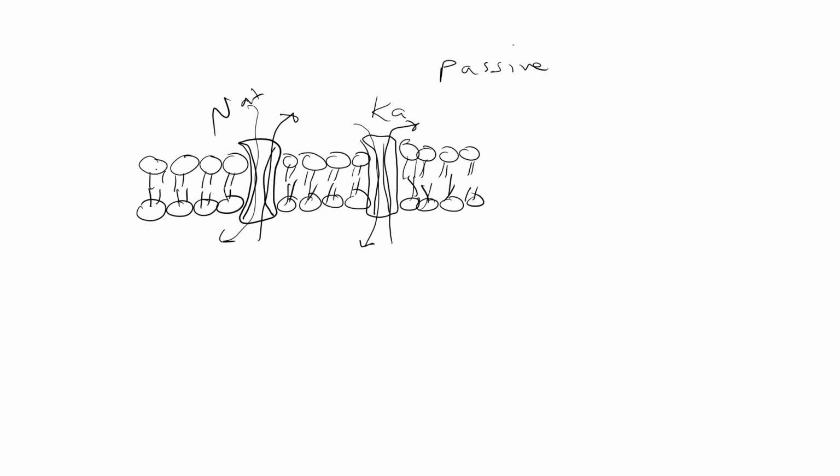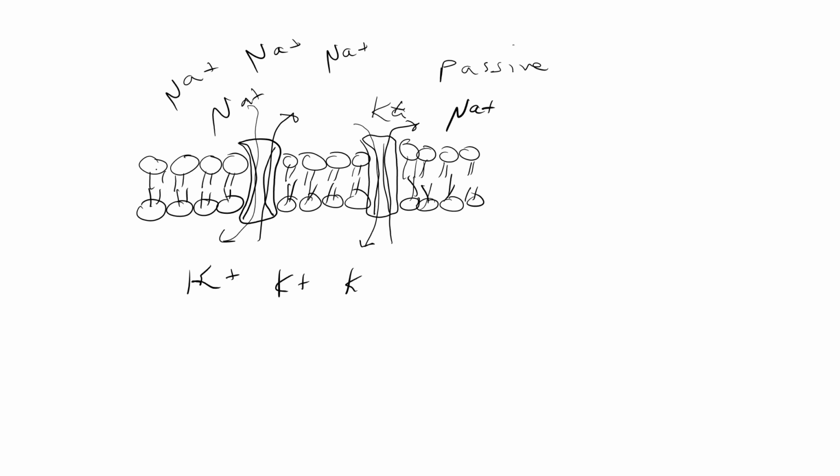So what we're looking at here is, why are they moving then? Why does the potassium want to move in? Why does the sodium want to move in? What's going on here? So if you remember from a minute ago, we have a lot of sodium on the outside. All right, we have all these guys floating around out here, a lot of sodium molecules, and on the inside we have a lot of potassium.